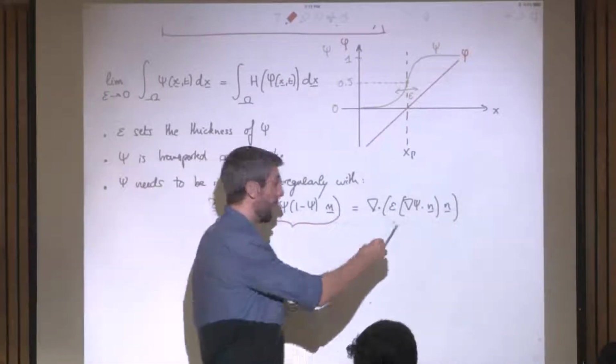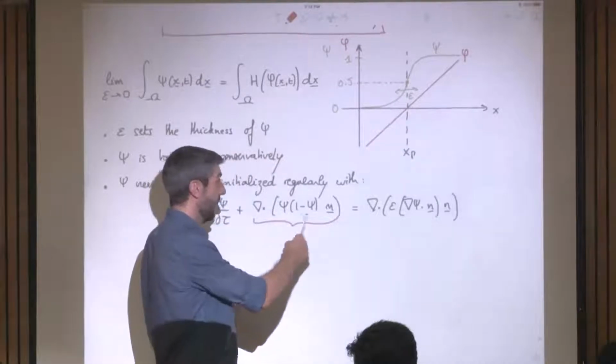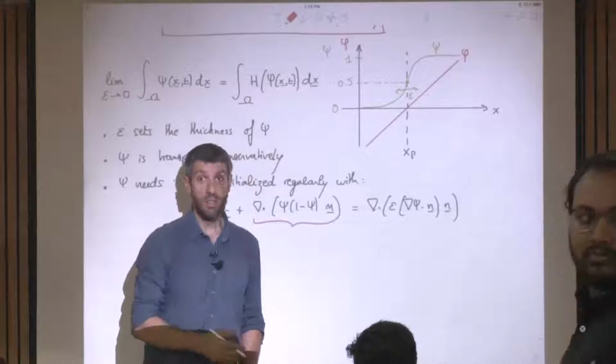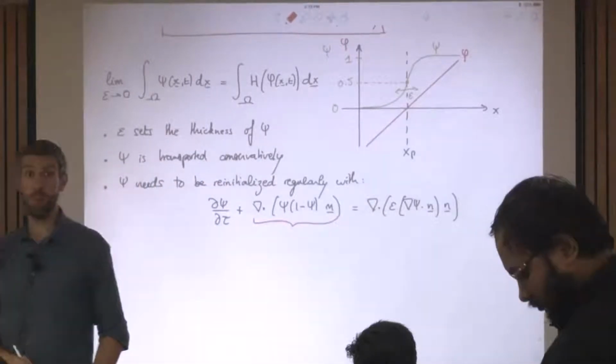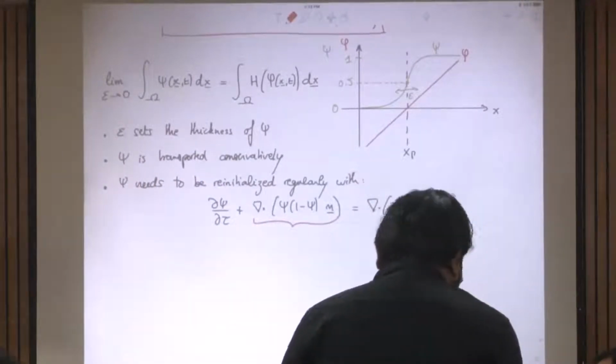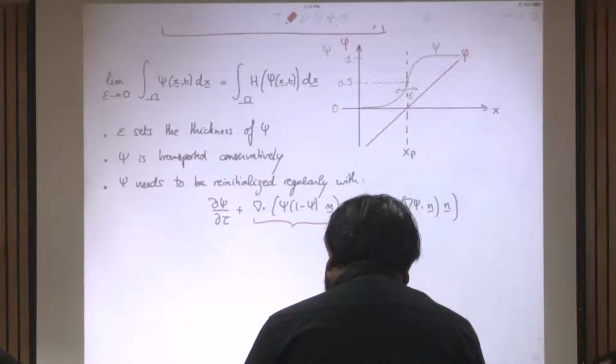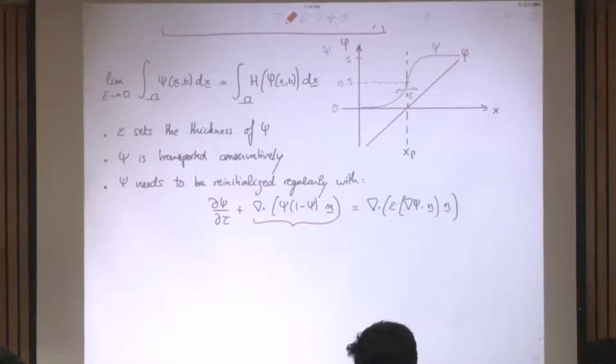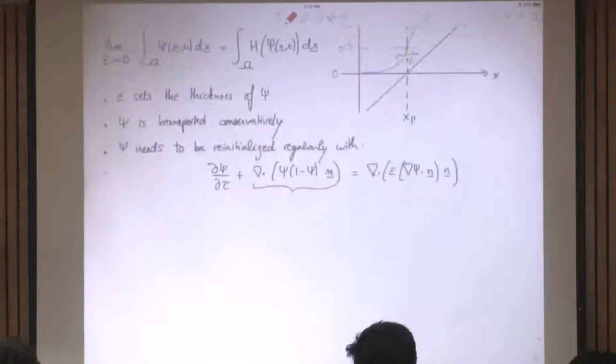That means that my variation of psi is psi times 1 minus psi over epsilon. This is the equation that controls hyperbolic tangents. This relation between the derivative and the function itself will give me back a hyperbolic tangent. So this indeed will converge to a solution that looks like a hyperbolic tangent.